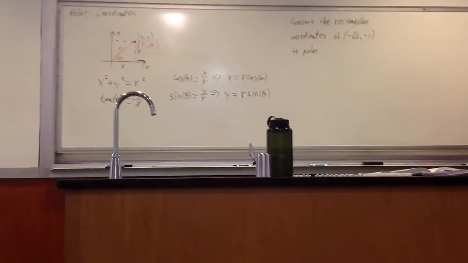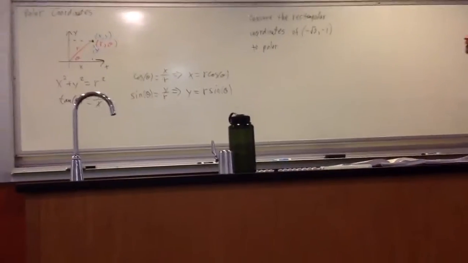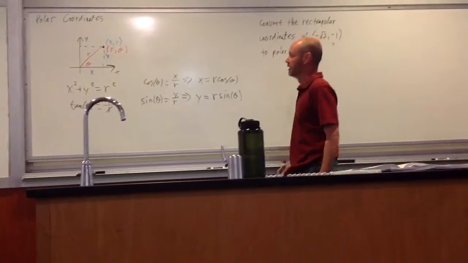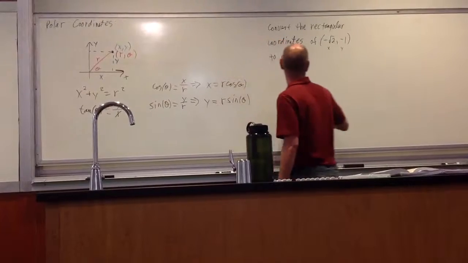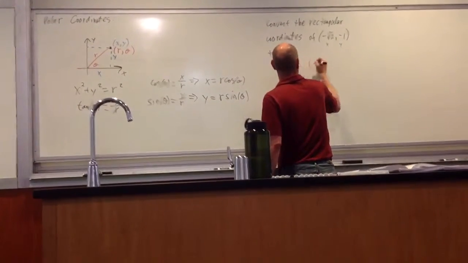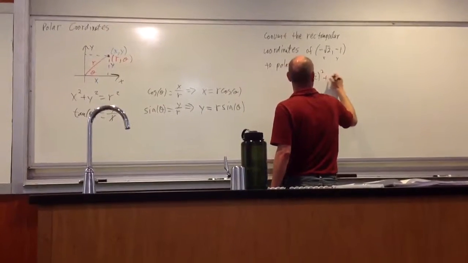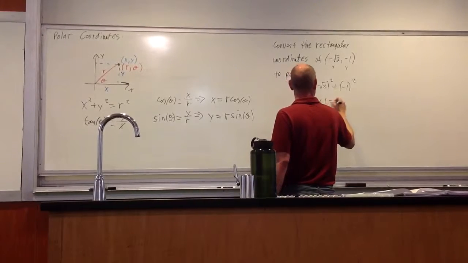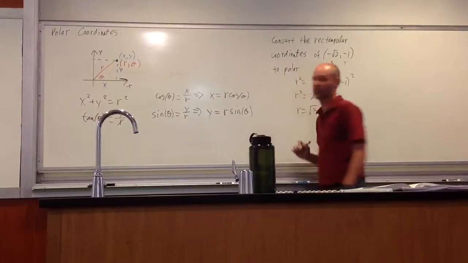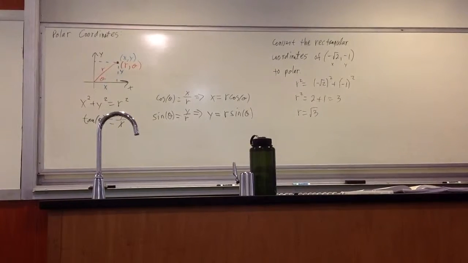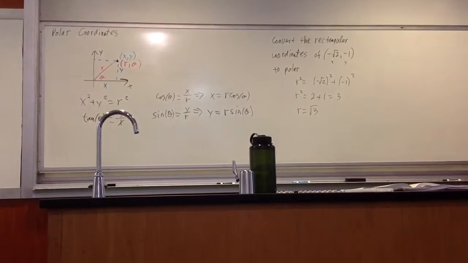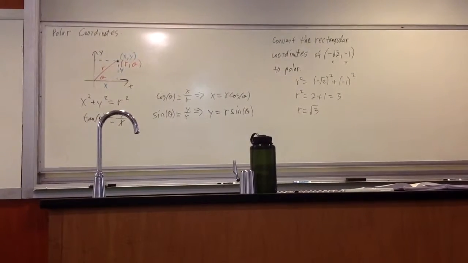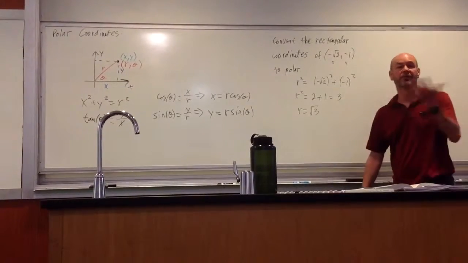So we are given x and y, and we want to go into polar coordinates. So in this case, again, note this is x, this is y, and I'm going to go to these formulas here. Let's figure out what r is. We okay? Now we need to figure out what theta is.